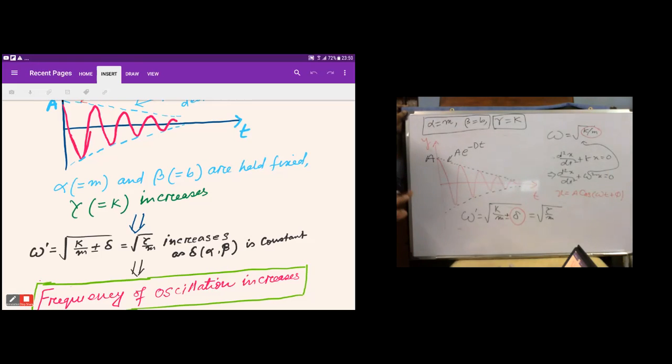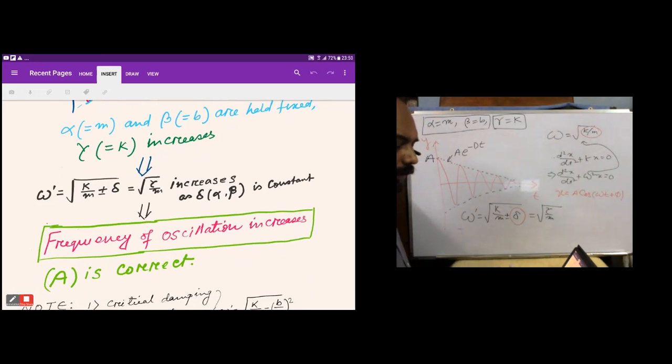That means delta, which is a function of alpha and beta, is constant. So if I increase gamma, naturally my angular frequency will increase. So frequency of oscillation increases.